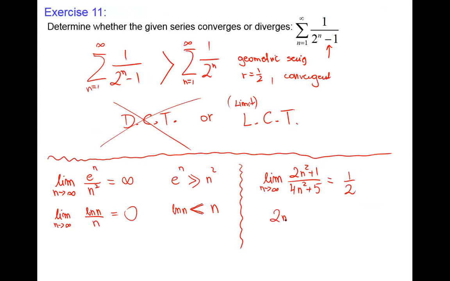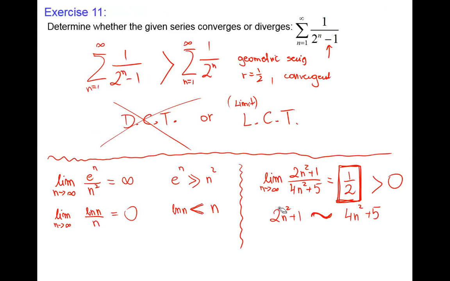That means what's happened? We have a finite number, let's say positive, because we're talking about positive terms anyway. Having a finite positive number, we can conclude that the function from the numerator behaves almost exactly the same as the function from the denominator. I can't say this one is greater or this one is greater.